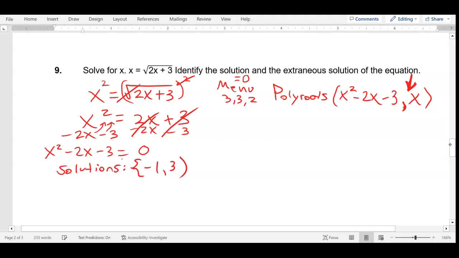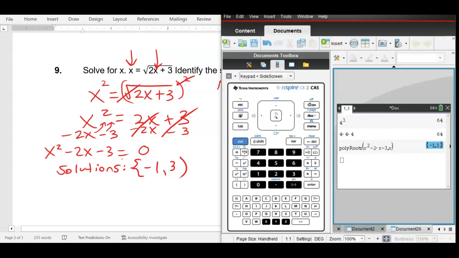Now what we're going to do is plug it into the equation. I'll put in negative 1 here and negative 1 here. So negative 1 equals square root of 2 times negative 1 plus 3. Let's figure out what this right side of the equation is.